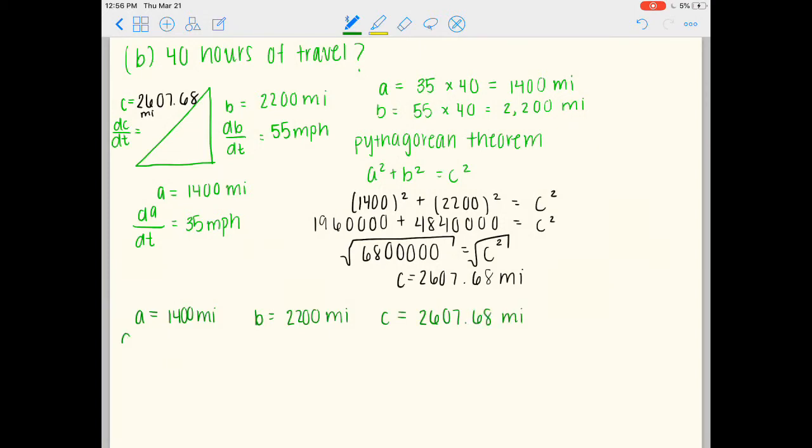We can then plug in the known derivatives. dA over dt is equal to 35 miles per hour. dB over dt is equal to 55 miles per hour. And dC over dt is the unknown and what we are trying to solve in this question.